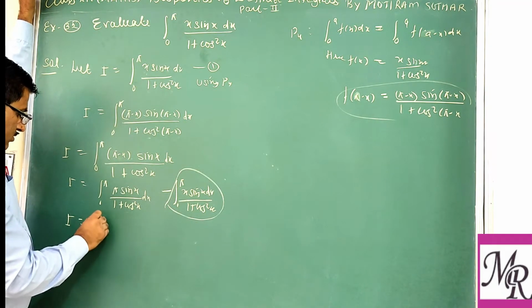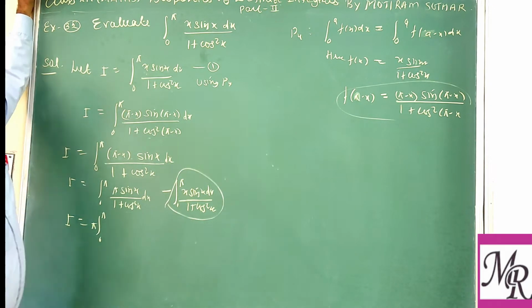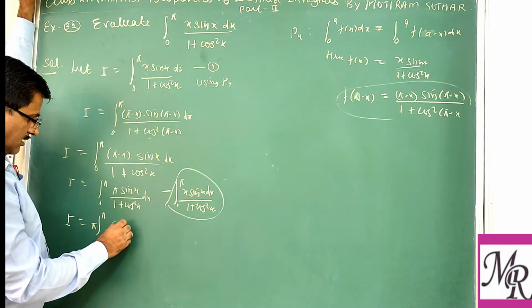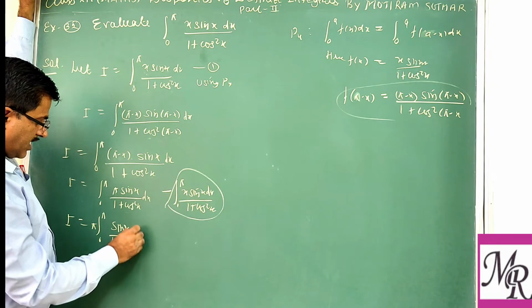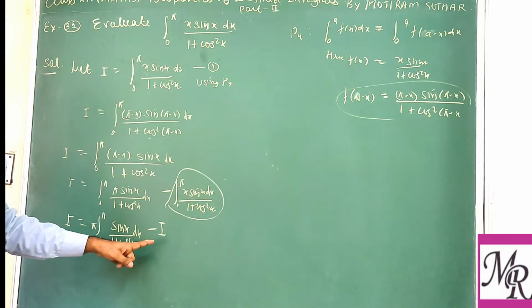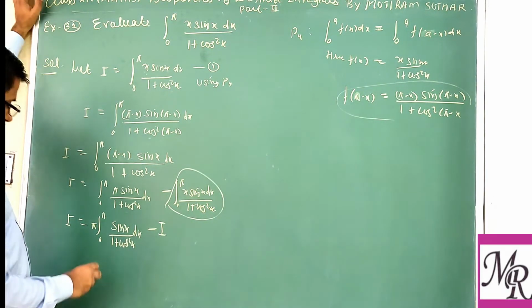So I equals the integral from 0 to pi. This pi is a constant, so we take it outside the integral sign. Then sin x upon 1 plus cos square x dx, minus I. Now we transfer this I to the left side, so I plus I is 2I.